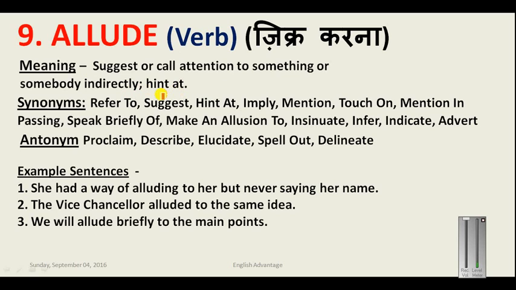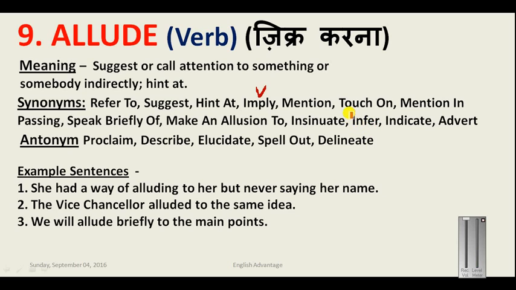Do not describe something at length, but just make a slight hint indirectly. So that is the meaning of allude, and the noun form of this word is allusion. Synonyms: refer to, suggest, hint at, imply, mention, touch on, indicate, infer.